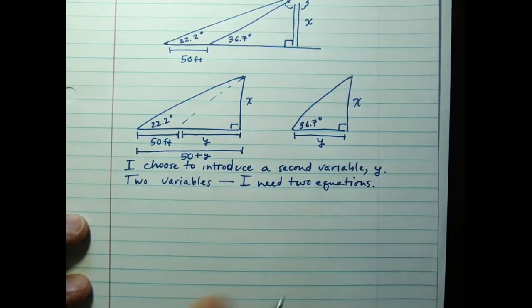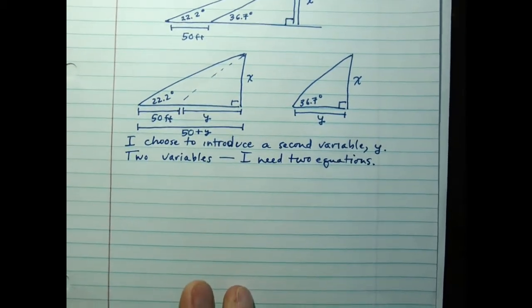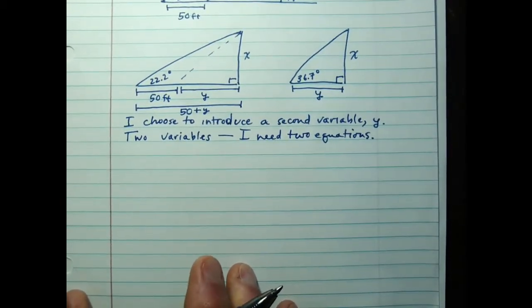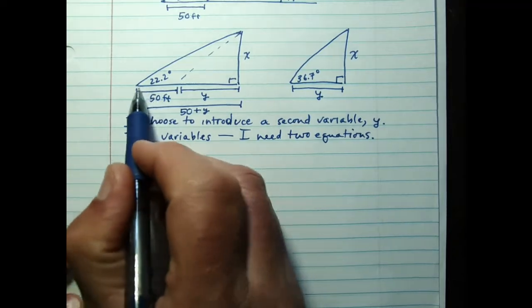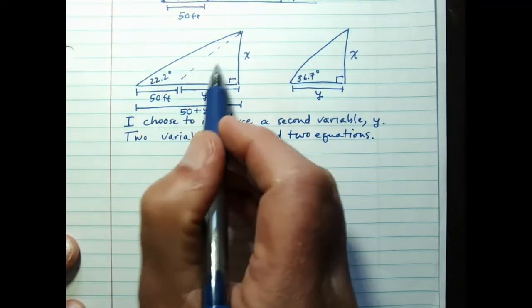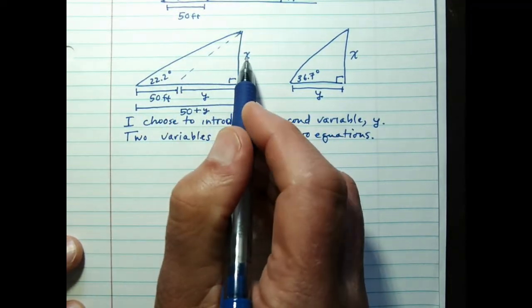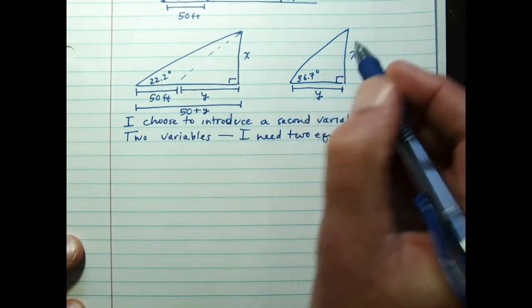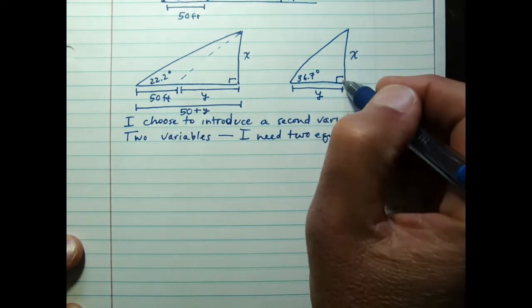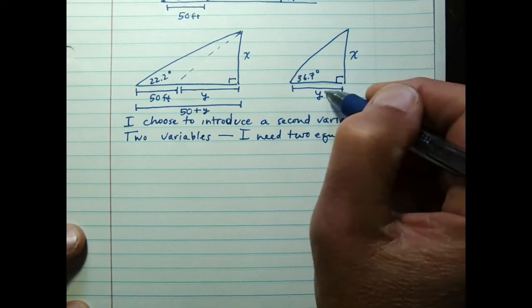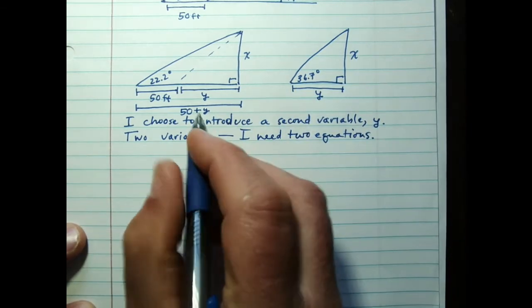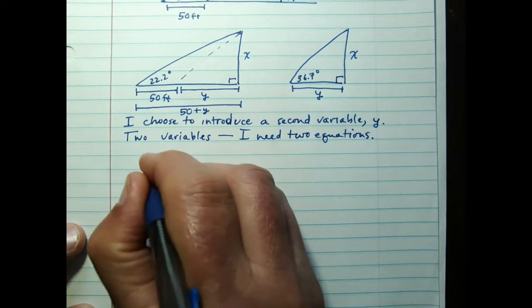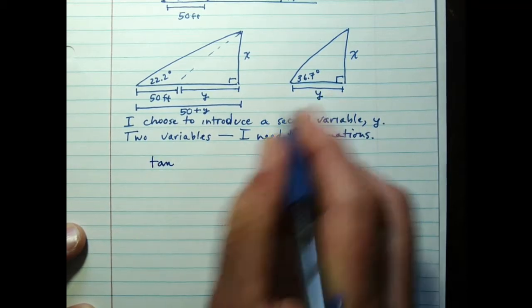So I have two triangles, so maybe I can get two equations, one from each triangle. For this right triangle, I have the opposite and adjacent side labeled to 22.2 degrees. For the other right triangle, I also have the opposite and adjacent side labeled. So I can write down a tangent equation for each triangle.